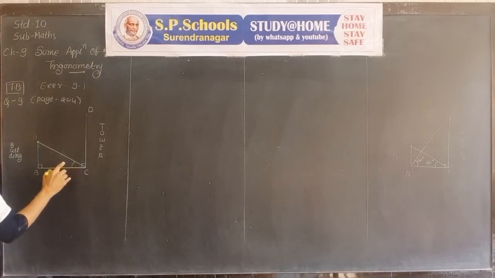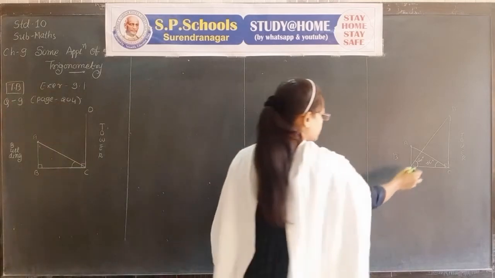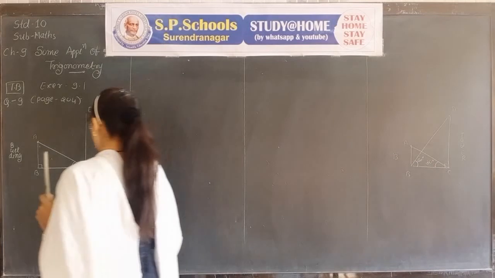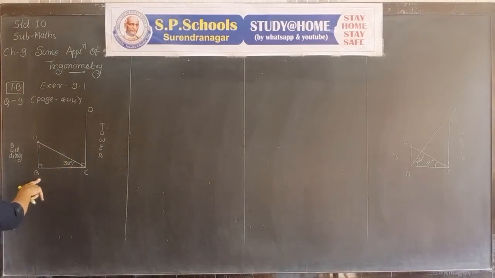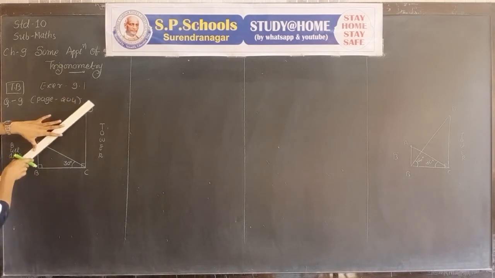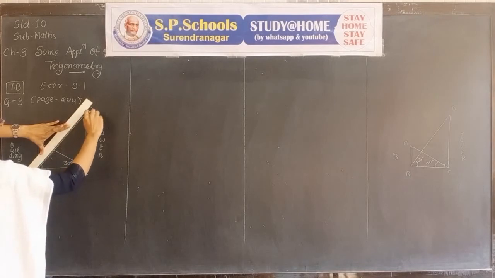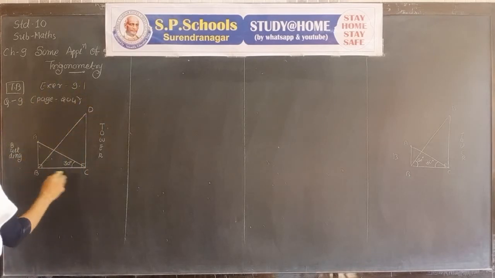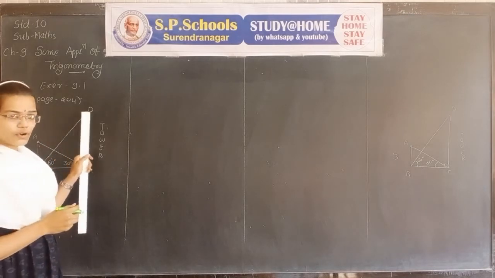The angle between them is called the angle of elevation of the top of the building and is given as 30 degrees. In the same way, from the foot of the building, the angle of elevation of the top of the tower is 60 degrees. So first of all, draw the line of sight BD. BD is the line of sight and BC is horizontal. The angle between them is 60 degrees, the angle of elevation of the top of tower D.